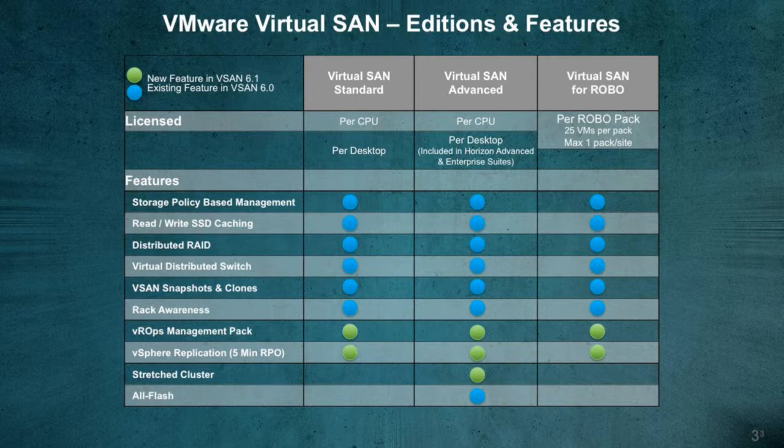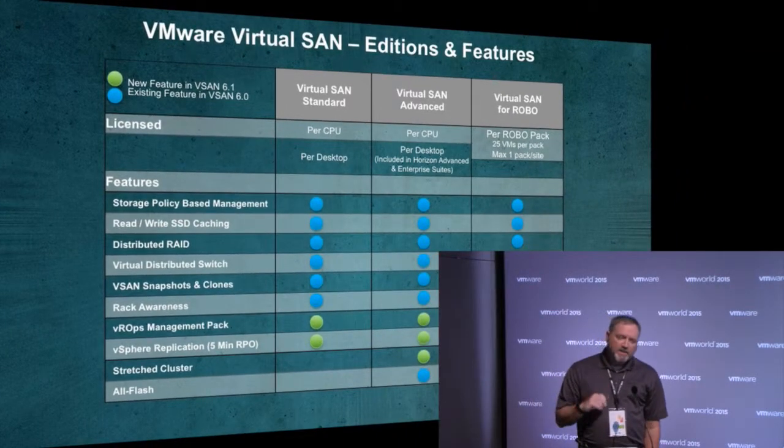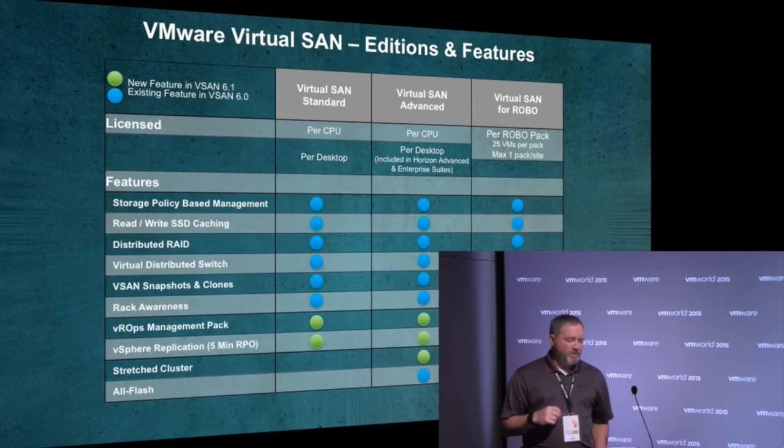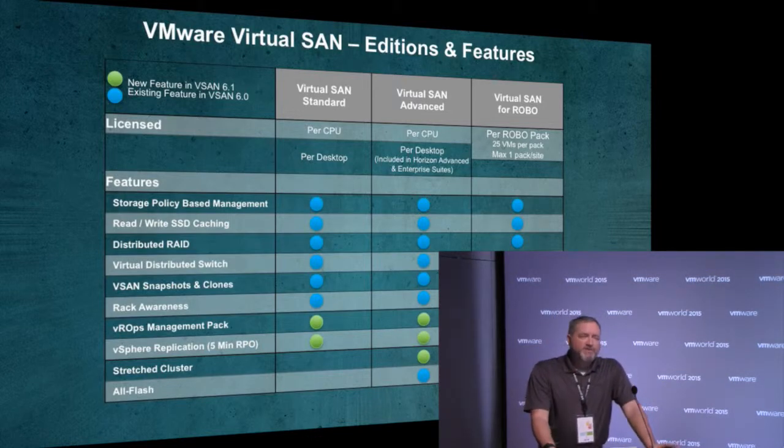Now, there's been a lot of confusion about ROBO, and the way that vSAN ROBO is licensed is effectively the same fashion as vSphere ROBO. They're licensed in 25 VM packs, and that VM count can be distributed across multiple sites.